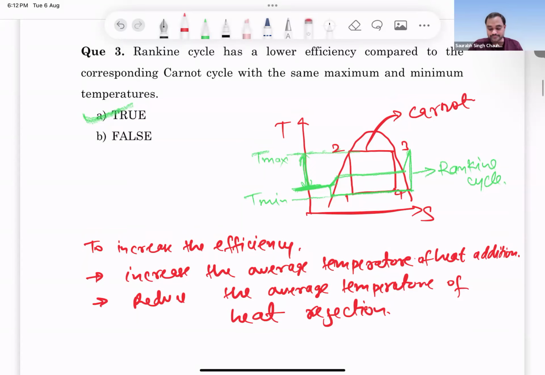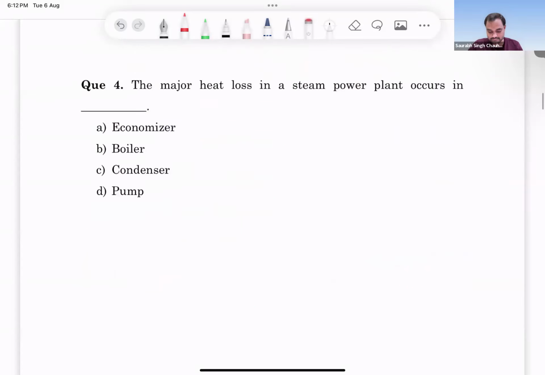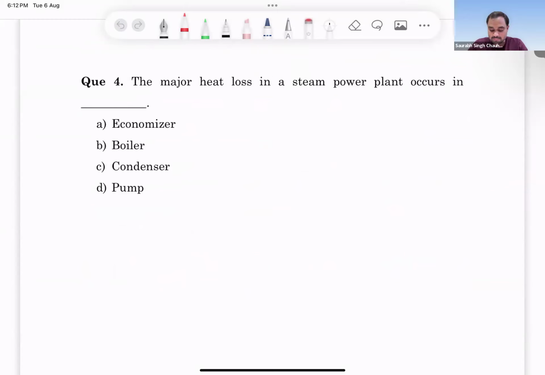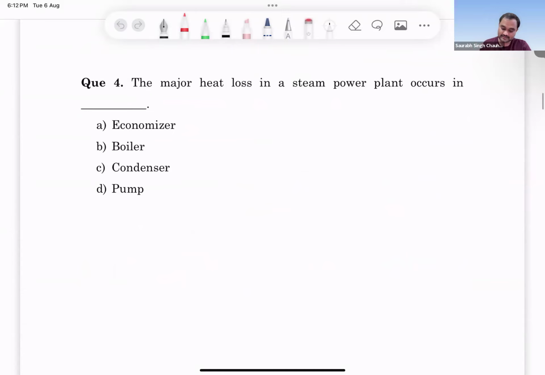Question number 4. Question number 4 says, the major heat loss in a steam power plant occurs in. There are 4 options: economizer, boiler, condenser, or pump.